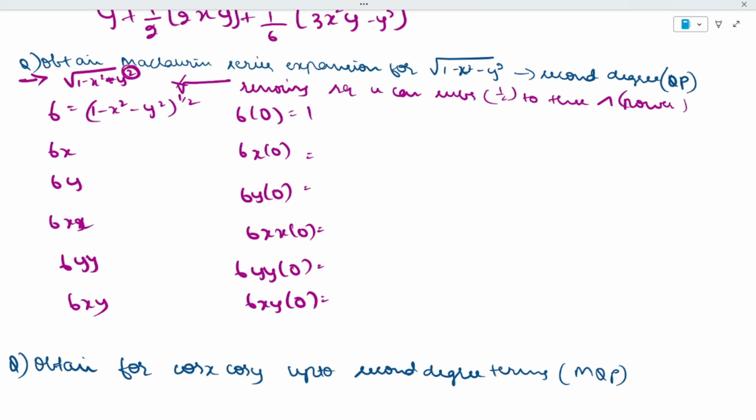Now if you see, fx of 0 will be giving you 0. Again this will be 0, this will be minus 1 and this will be 0.